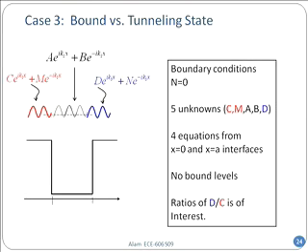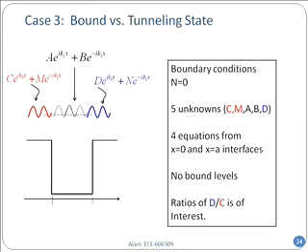But now you have a problem, because if you match the boundary conditions at each interface, you have two interfaces, you will get 4 equations. How many unknowns do you have here? You have 5 unknowns here. Remember, in the previous case, I had psi equals 0 at infinity and psi equals 0 at minus infinity, which took care of 2 of the boundary conditions.